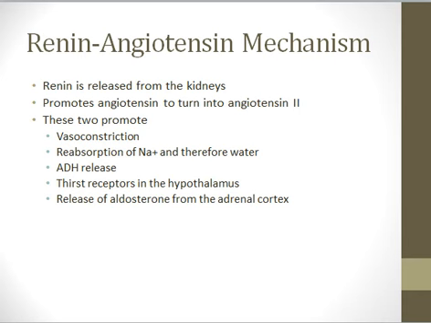It'll stimulate thirst receptors in the hypothalamus, so we take in more water, and it'll finally release aldosterone from the adrenal cortex. Aldosterone is a hormone from the adrenal cortex that will also reabsorb salt in the kidneys, and that will also reabsorb water. Okay, it's a mineralocorticoid. Its focus is on those salts. So renin-angiotensin mechanism, very potent increase in blood pressure.